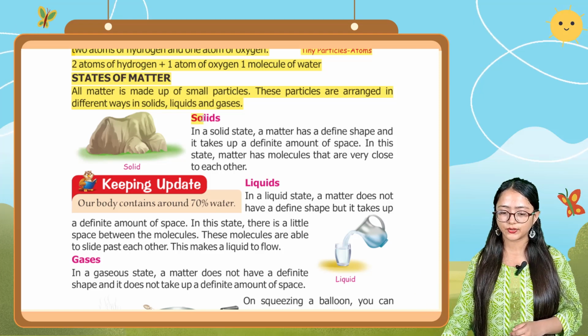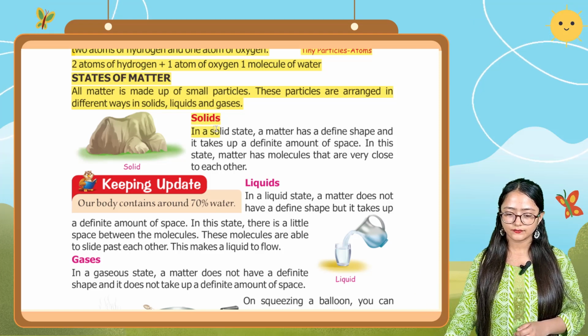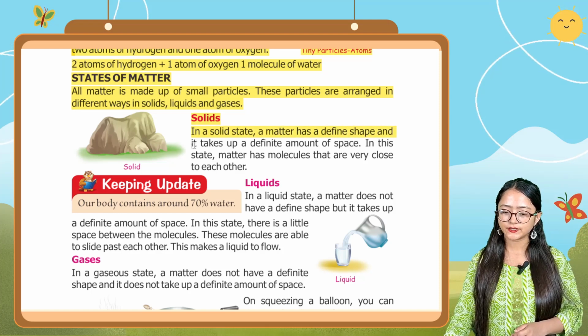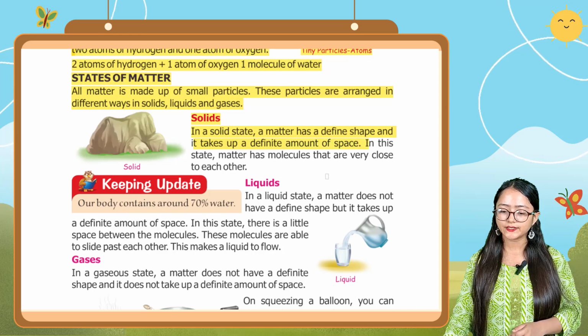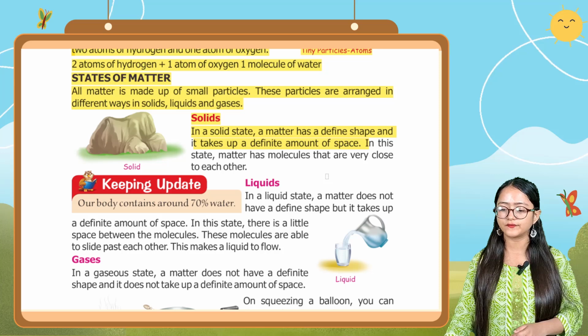So the first one is solids. In a solid state, matter has a defined shape and takes up a definite amount of space.